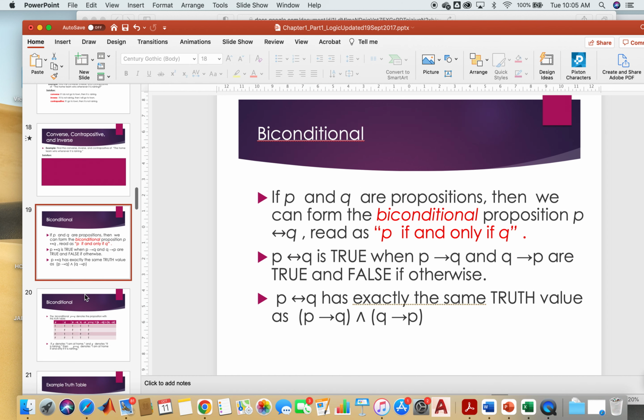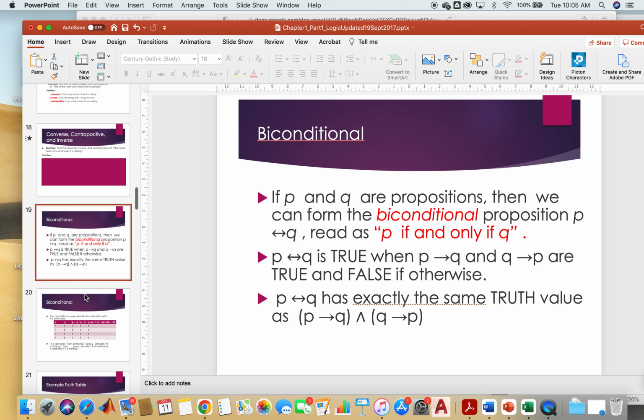So the truth table for the conjunction is as this. If your first statement, the P statement, has true truth value and the Q proposition has true value, then the conjunction of P and Q is true.